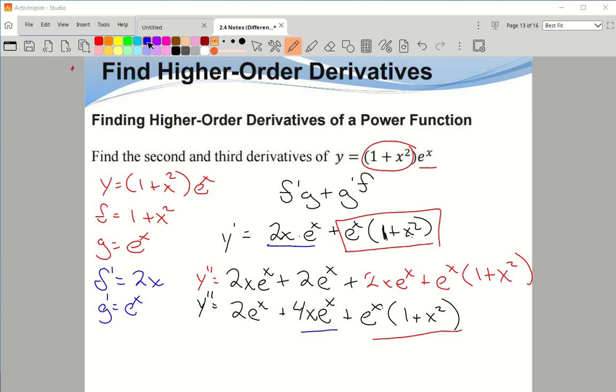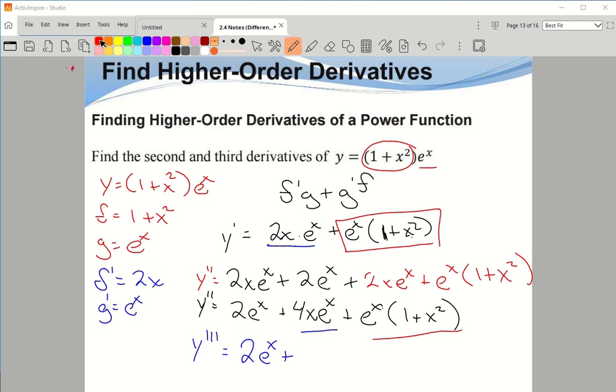So, my y triple prime is going to be 2 e to the x plus the red. Isn't that from my first derivative? That's my original one right there, right? So when I take a derivative of that, I just get all of this again, right?